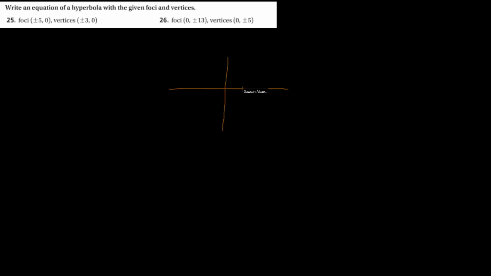Since the foci are on, let's just draw it. Since the foci are on the x-axis and the vertices are also on the x-axis, that means it must be a horizontal hyperbola. And let's say this is 3, and this is -3.